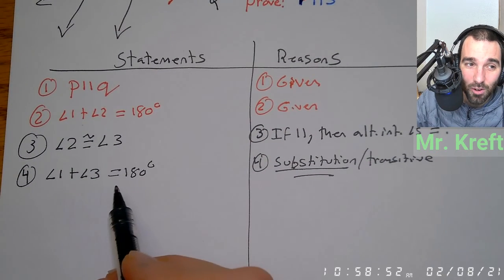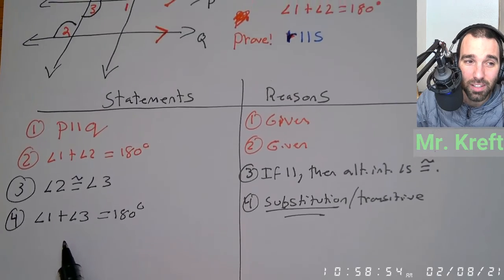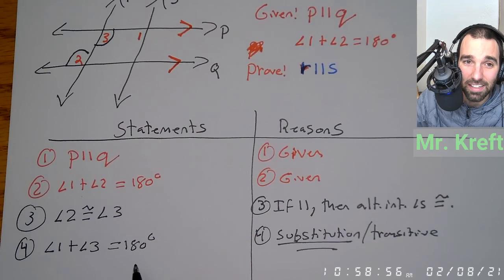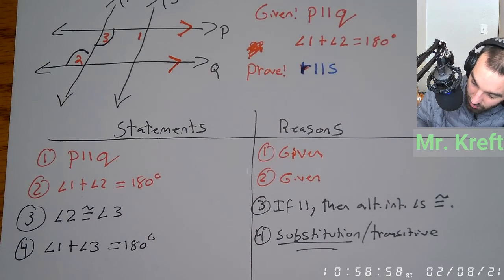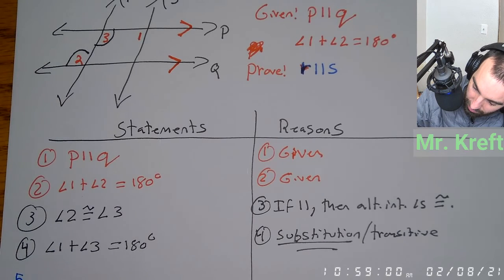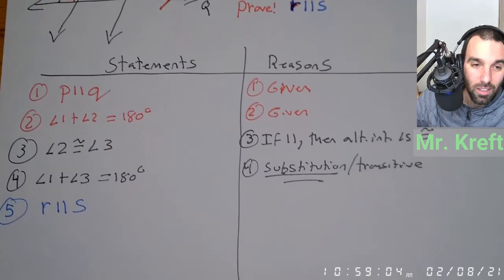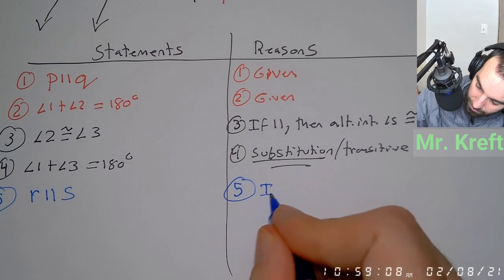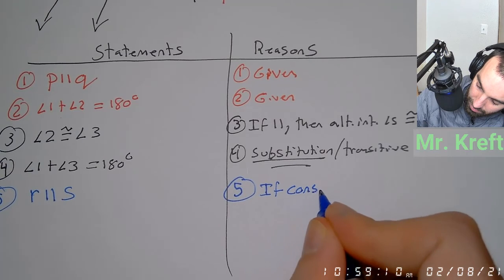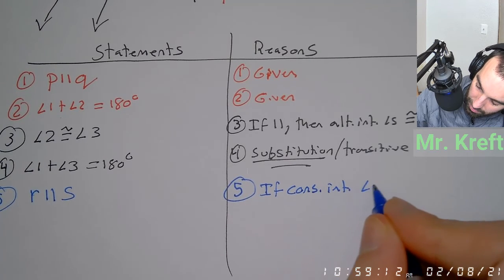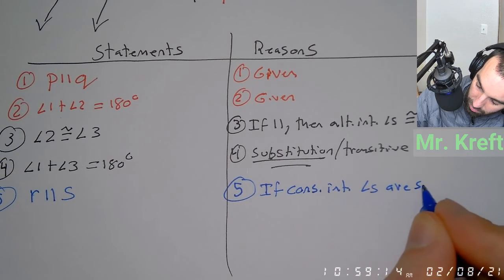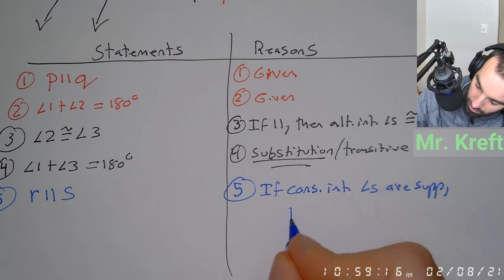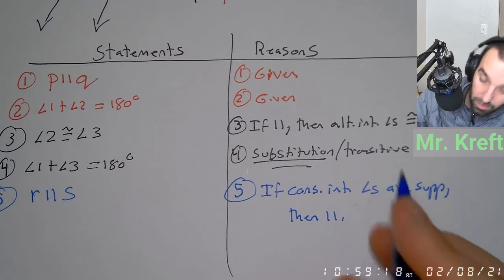All right, so, boom, check this out. I have what I wanted. Angle 1 and 3 add up to 180. Okay? So then I can write my last step: hey, these lines have to be parallel. And my reason for that is that if consecutive interior angles are supplementary, then parallel lines.